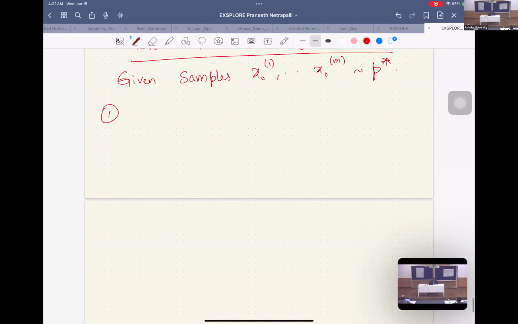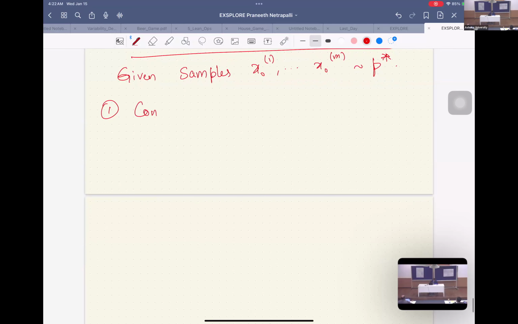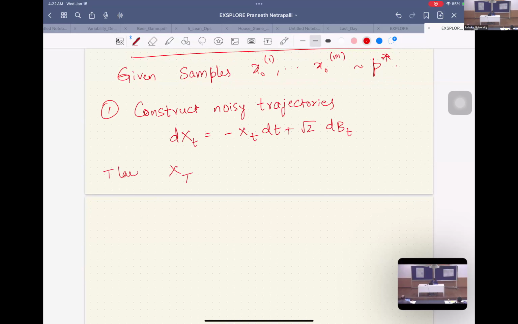Okay, so in the first step, we construct these noisy trajectories, where we said dxt is equal to minus xt dt plus square root 2 dbt, right? We can do this starting from each of the samples given to us, and eventually xt for some very large t is roughly the standard Gaussian distribution.